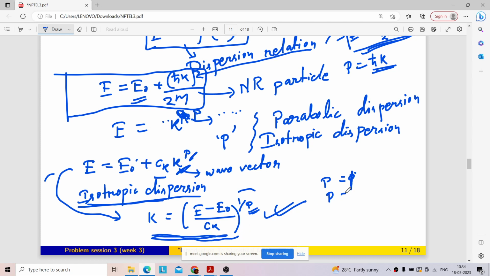For p equal to 2, we will see what will happen. For p equal to 2, k's relation with energy will be some square root function. This kind of relation we call parabolic dispersion.